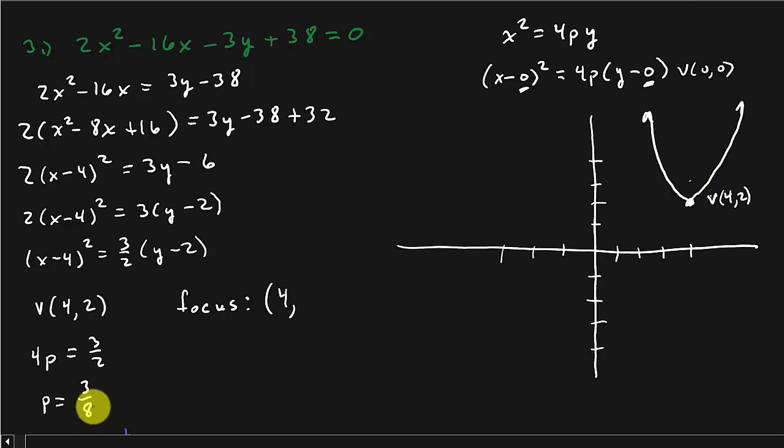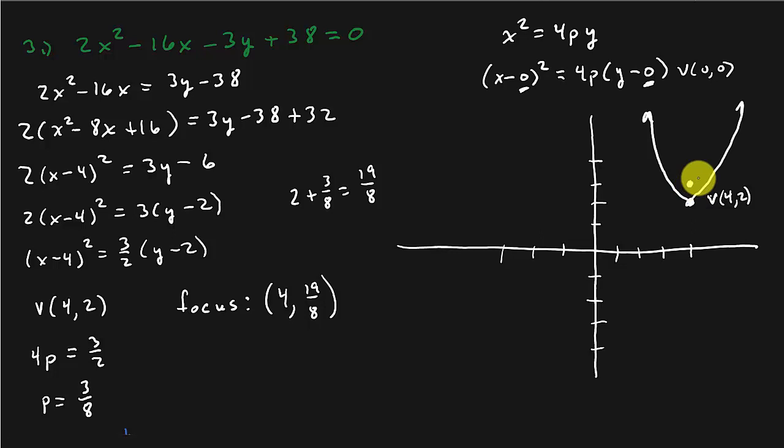So I'm going to need to do 2 plus 3/8, which is 19 over 8. And so my focus will be about right in there. And like I said, I'm not going to label these. You can label them on your paper because you can probably spread things out more than me, and it won't be as cluttered up.